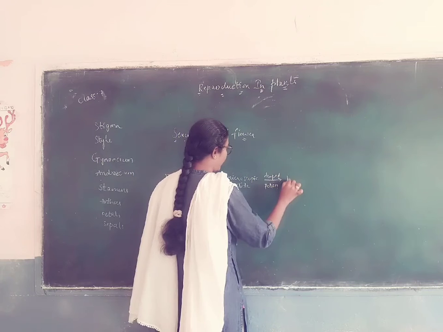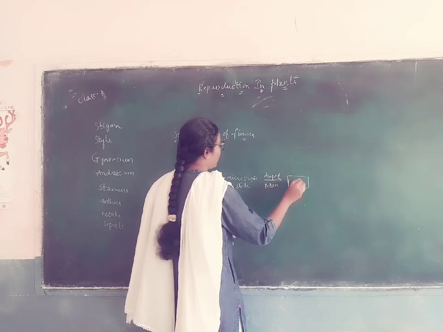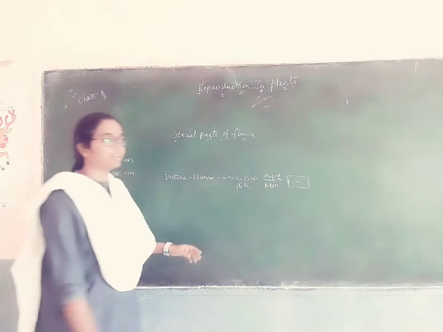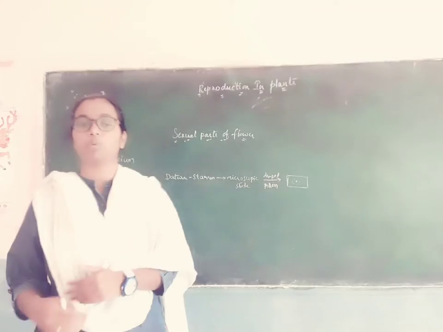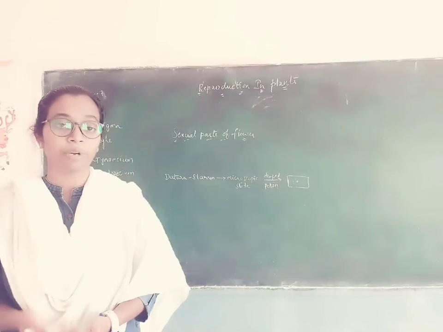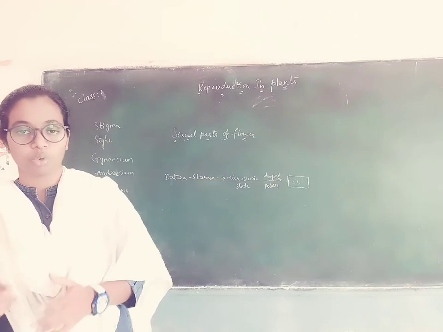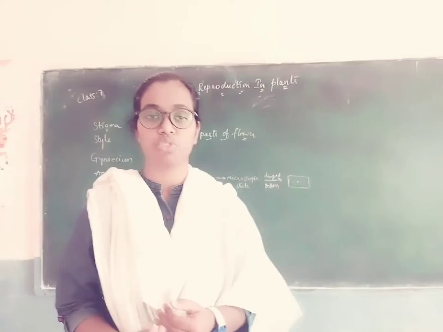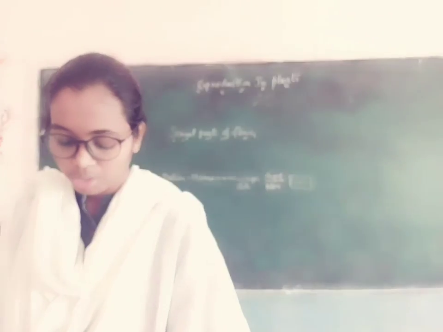Now he added a drop of water to the pollen grains and started observing them under the microscope. Again, he is asking us to collect different flowers. Are all the pollen grains the same? No. So their size is different and their shape is different.